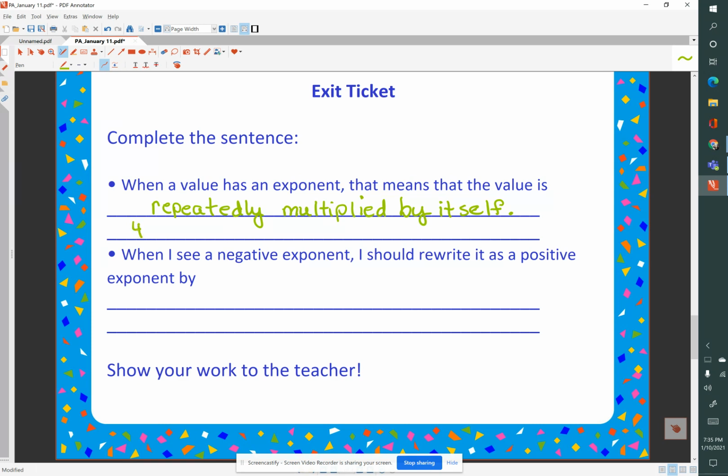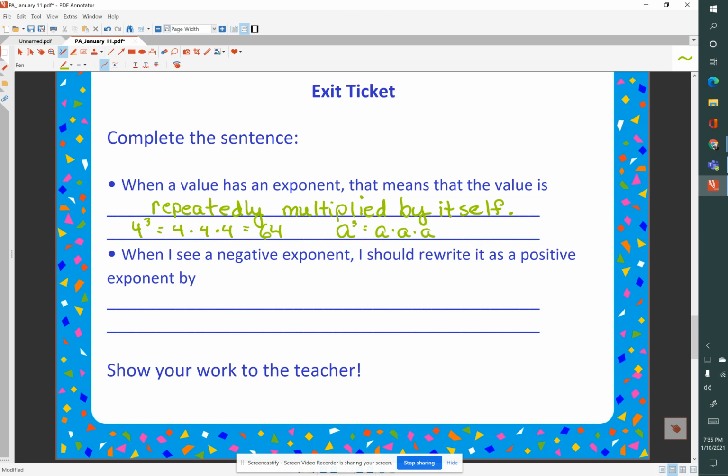So 4 to the third power is 4 times 4 times 4. So 4 times 4 is 16. 16 times 4 is 64. A to the third power equals A times A times A, and we cannot simplify that any further.